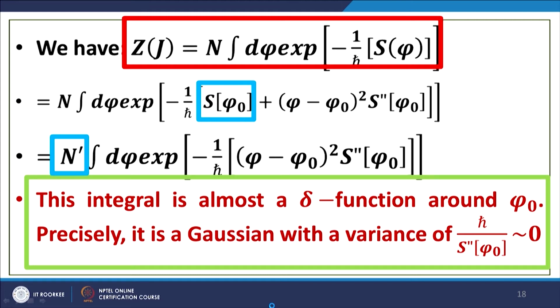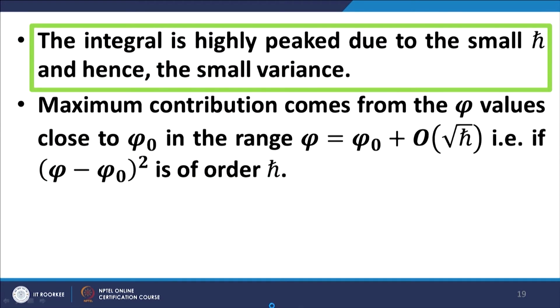Now, this integral is almost a delta function. Why do I say that it is almost a delta function around the point phi 0? Because it is clearly a Gaussian integral. If you look at the variance of this integral, the variance is h bar upon S double dash of phi 0, and keeping in view that h bar is very small, this variance of the Gaussian is very small, in other words it is very close to an impulse or a delta function.